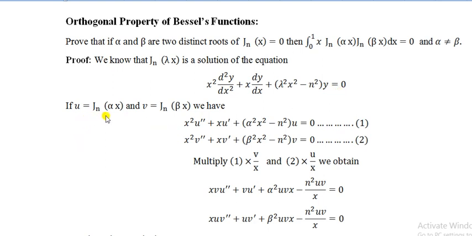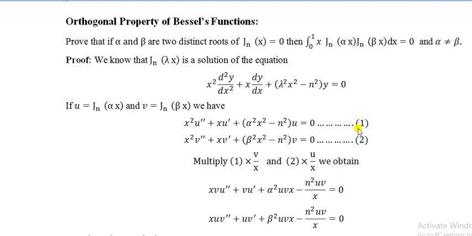If u is equal to Jn(alpha x) and v is equal to Jn(beta x), we express the above equation as x squared u'' plus x u', where u' denotes dy/dx, plus (alpha squared x squared minus n squared) u, which is equal to 0.